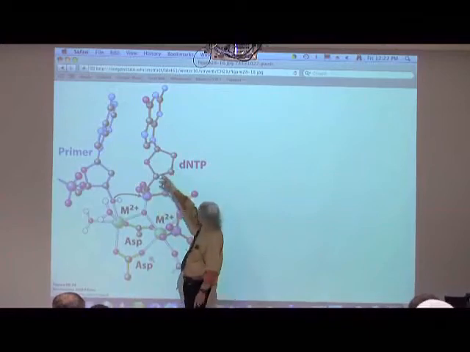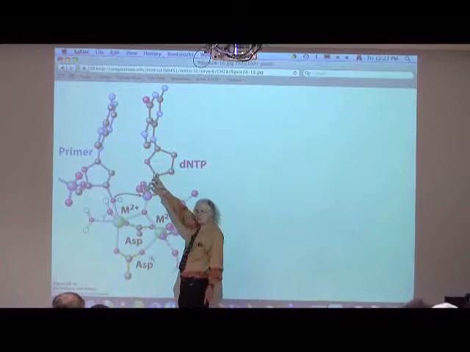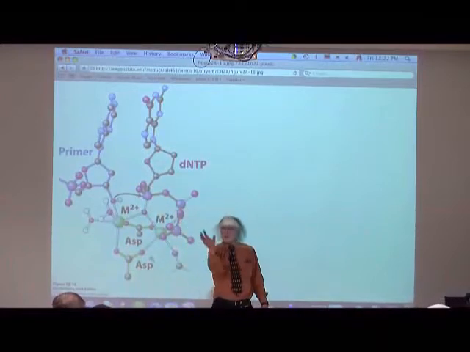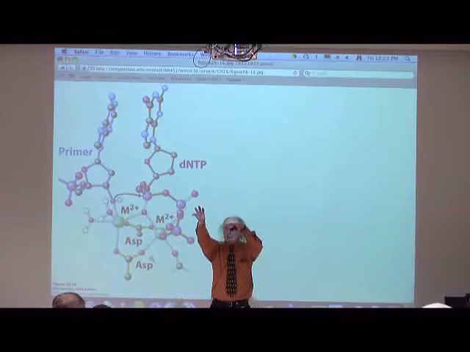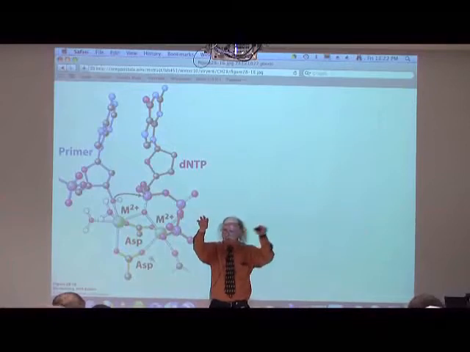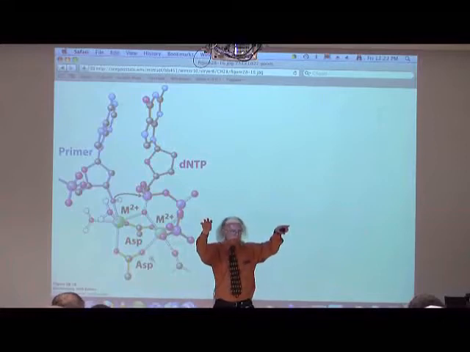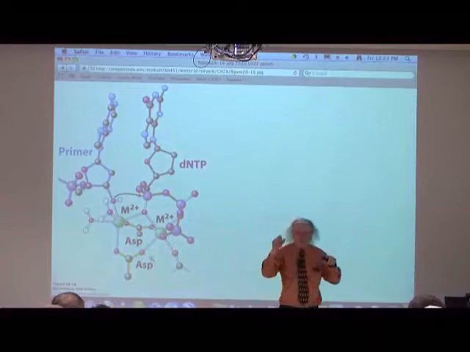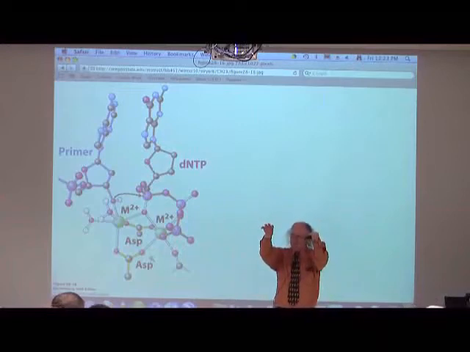So if this is, let's say, dATP, let's think about what dATP looks like. dATP has a sugar on one side, it's got the base up here, and then it's got 3 phosphates. Phosphate, phosphate, phosphate. Everybody picture that? Sugar, base, phosphate, phosphate, phosphate. The phosphates are all linked on carbon number 5. The phosphates are joined to each other. If we think about those phosphates, the one that's immediately joined to carbon number 5 is called the alpha phosphate.